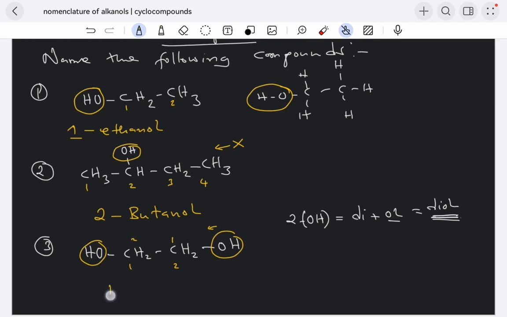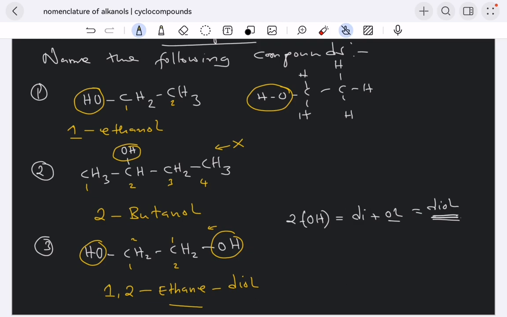This will be called 1,2 hyphen. Then what is the longest chain? The longest chain is 2 carbons, which is ethane. So here we just write ethane, then diol. So this is the name that we're going to use.